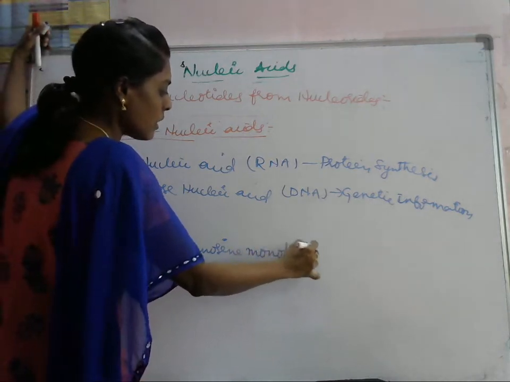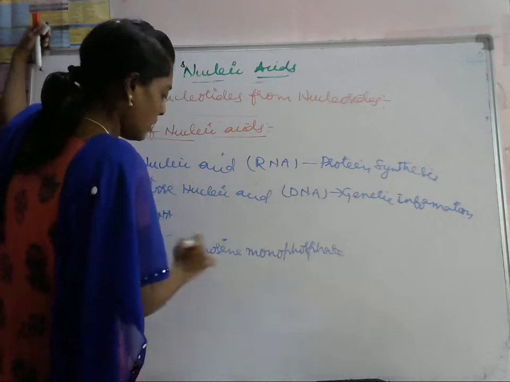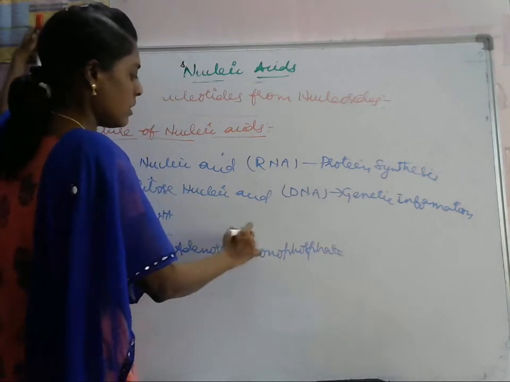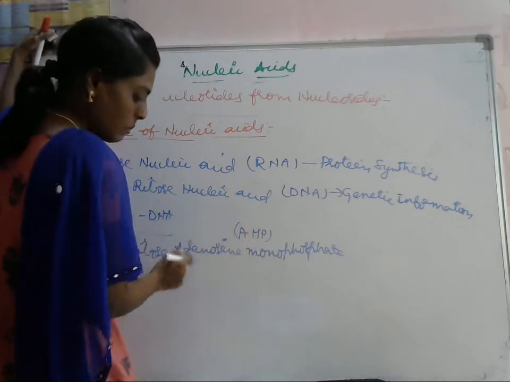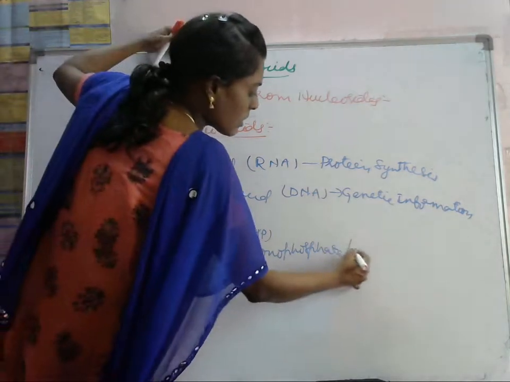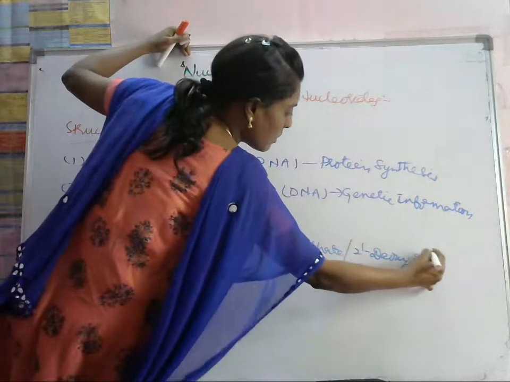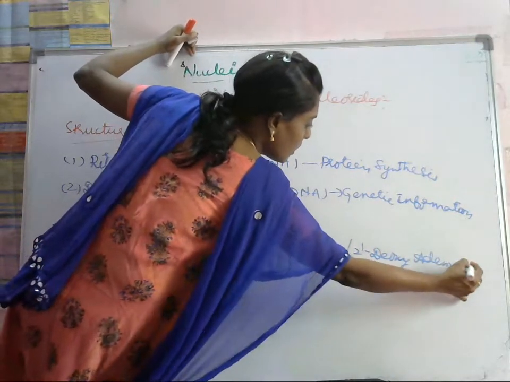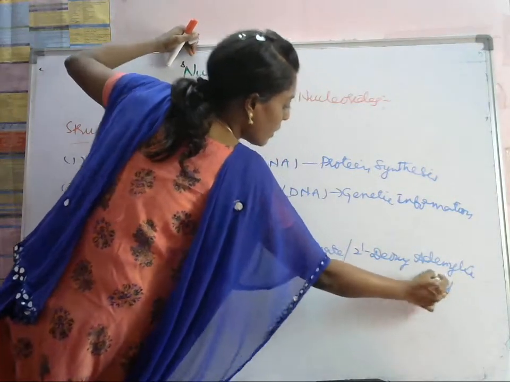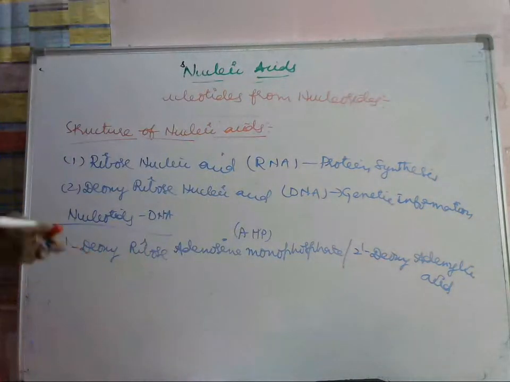This is called AMP for short, or we can write it as 2' deoxyadenylic acid. We can write it like this or like this.